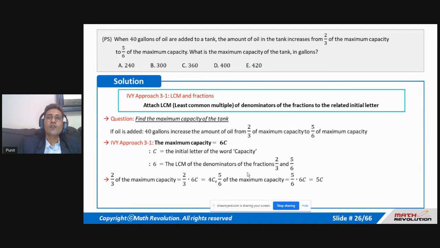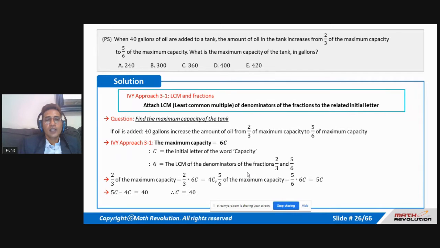Where it says 2/3 of its maximum capacity, that means 2 over 3 times 6C. Now think about it: if I ask you 2 over 3 times y, you will say 2y over 3, so the y is still there. But if I say 2/3 of 6C, you can directly answer 4C. And 5/6 of the maximum capacity becomes 5C.